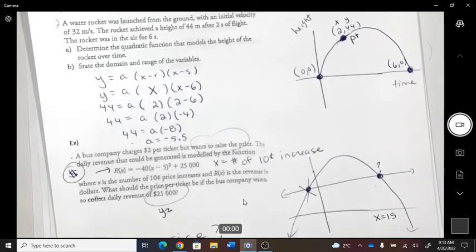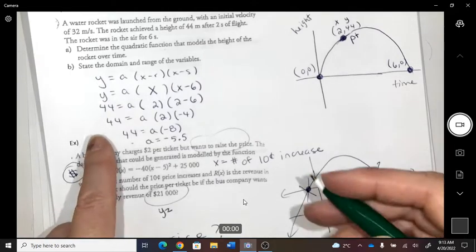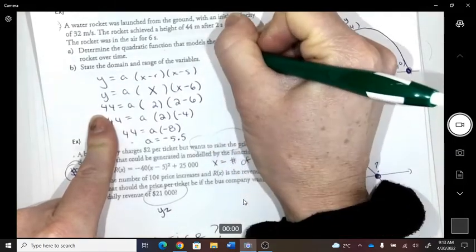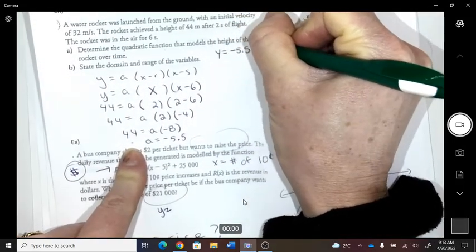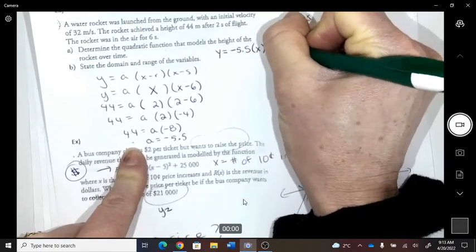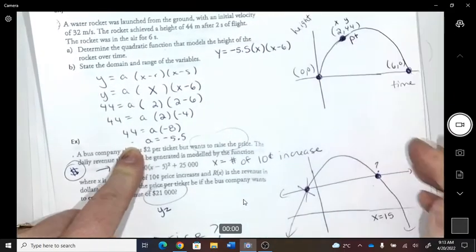Okay, so now when I go to type this in, remember every time you're typing it into your calculator, everything except x and y has to be left open. So my calculator would be y equals negative 5.5 x minus 6.